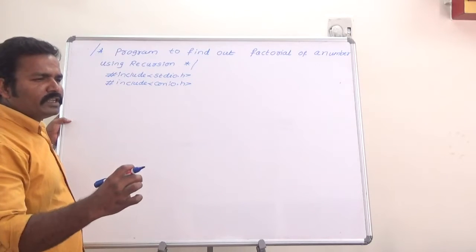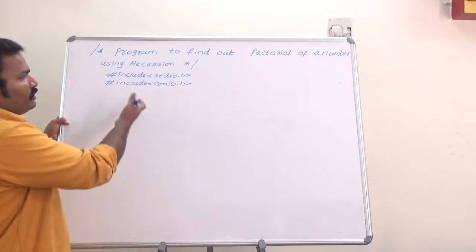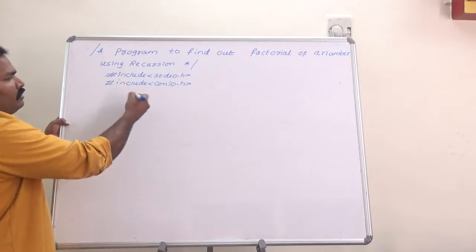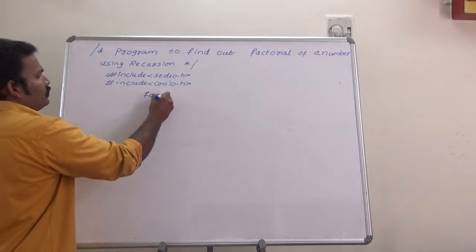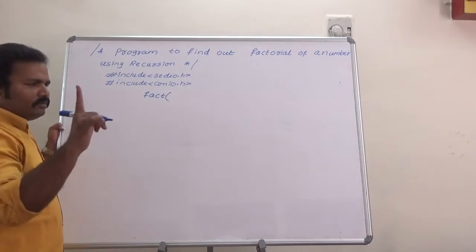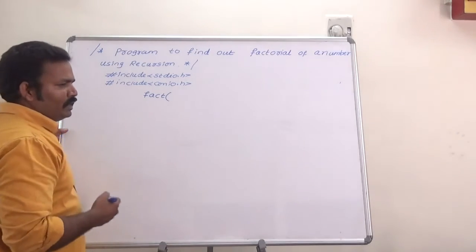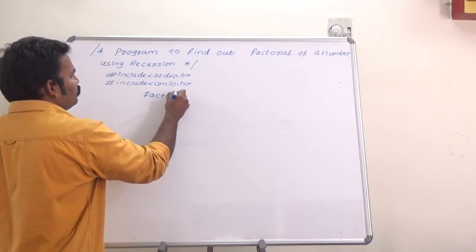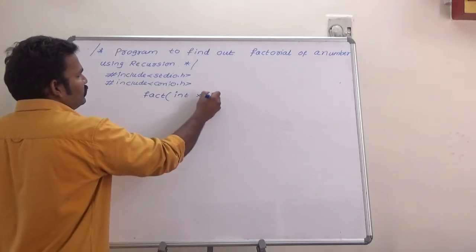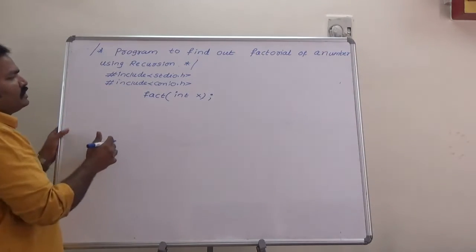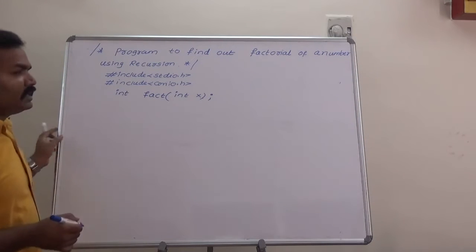Every function must be declared before it is used in a program. First, I am declaring the function. My function name is fact. This function takes one input value, so I am declaring one parameter, ending with a semicolon, and this function returns an integer value, so the return type is int.